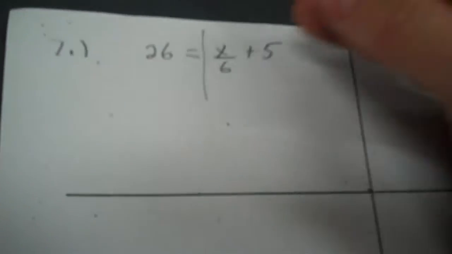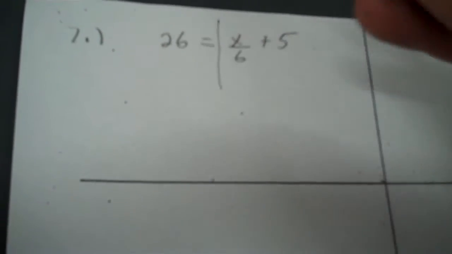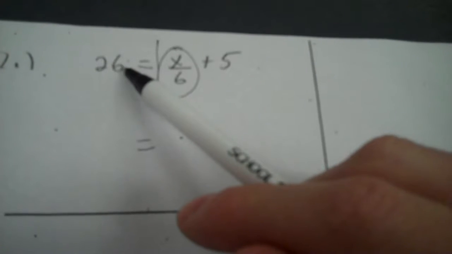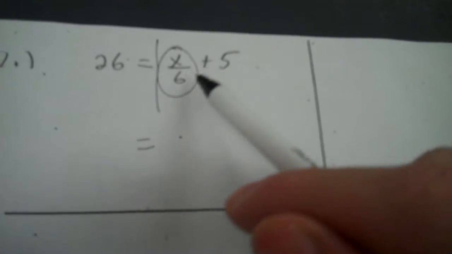Okay, number 7. Number 7's the same deal going on here. So again, make your wall, line up your equals, and you've got the division. I don't care about the 26, because the 26 isn't on that side. What I care about is the plus 5 between the 5 and the circle.